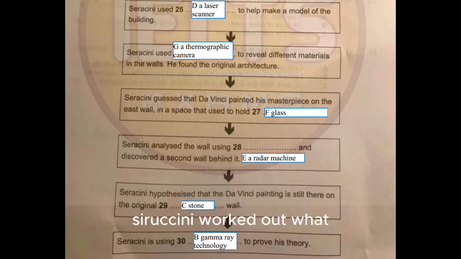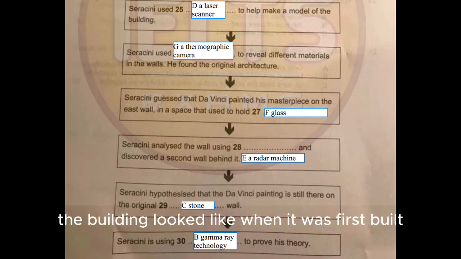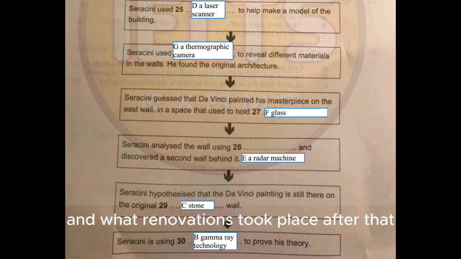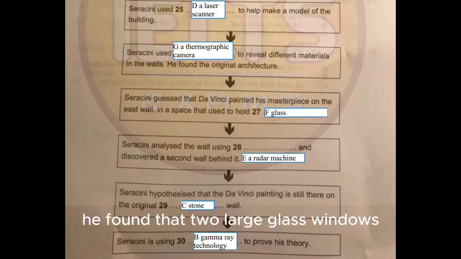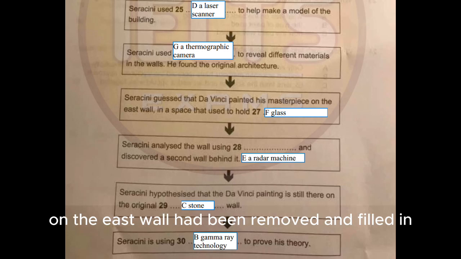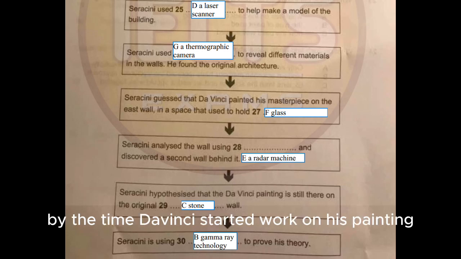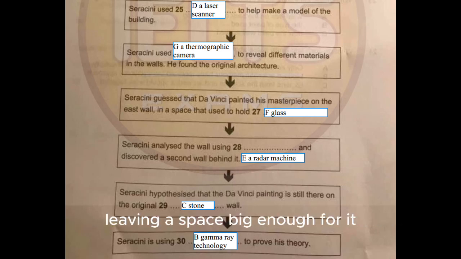Yes. Seracini worked out what the building looked like when it was first built, and what renovations took place after that. He found that 2 large glass windows on the east wall had been removed and filled in by the time Da Vinci started work on his painting, leaving a space big enough for it.